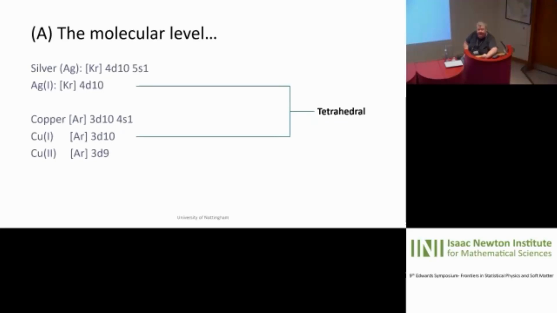So at the molecular level, it's probably quite easy to understand this heterogeneity. And I'm going to talk more or less exclusively now about the copper-silver system, because that's the one we've got a lot of results on. If you look at the molecular levels of the ions, for the most common ions, you can see that silver and copper both have filled d orbitals.